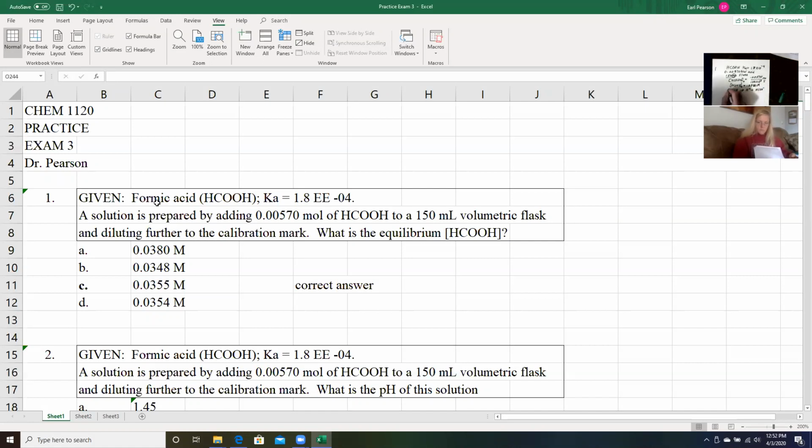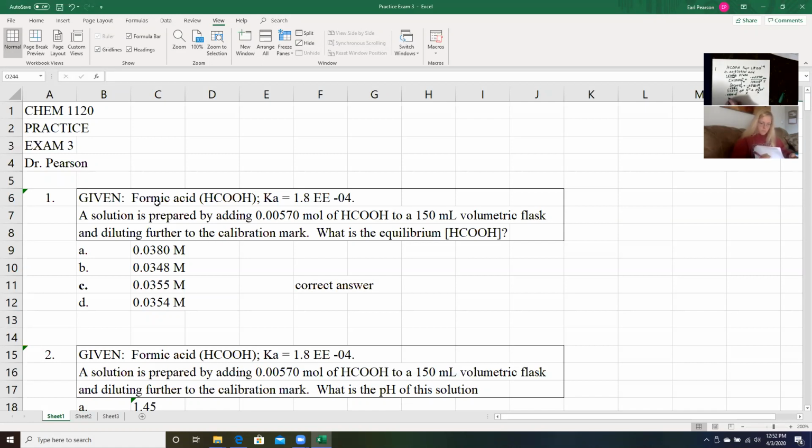We started out with 0.0380 molar of this, none of this, and none of this. At equilibrium, we'll have X moles per liter of this and X moles per liter of this, 1 to 1. And we will have 0.0380 minus X for this.